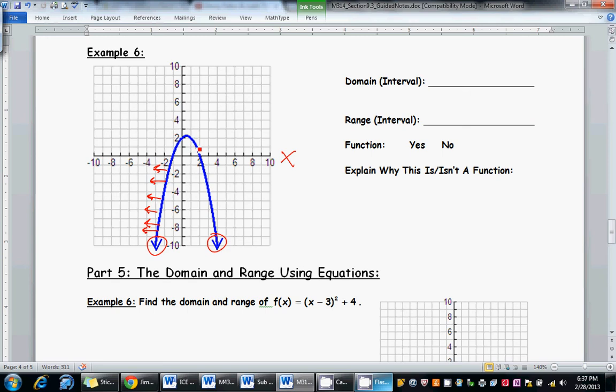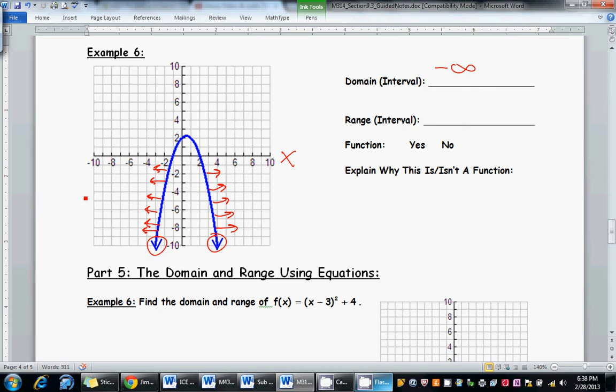Same thing on the right side. It goes a little bit down and a little bit further out to the right every single time. Since it's going further left every single time, and the arrow indicates that this is never going to stop, this includes every single negative number.